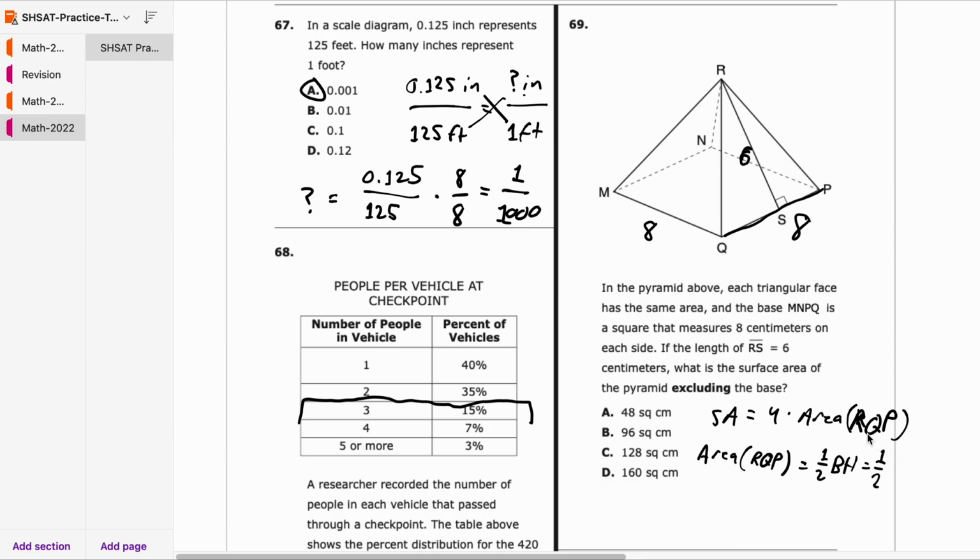So that would be 1/2, and the base we said is 8, it's right here. The height is going to be 6. So then this would be 24. And therefore, the surface area excluding the base would be 4 times 24 because there are 4 triangles, which would be 96. So that would be the answer.